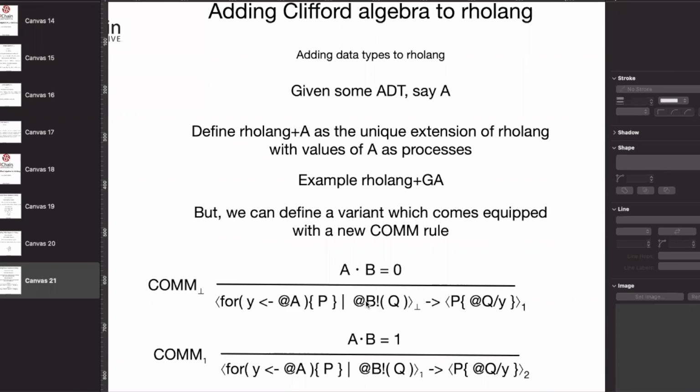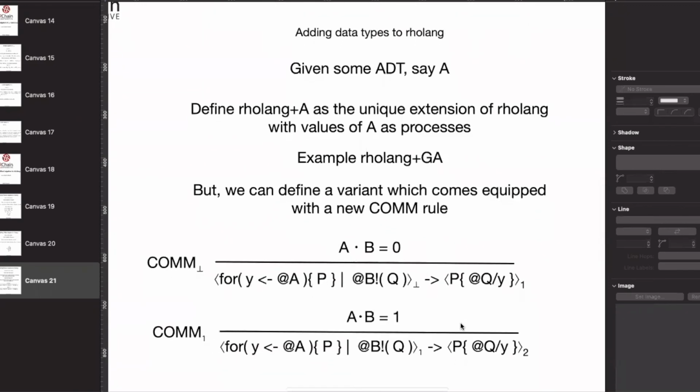Okay, it is. Is this a geometric algebra value? Okay, it is. If I dot them together, do I get 0? I do. Okay, great. Now I can run the thing. So that's new, but it's only just the beginning.